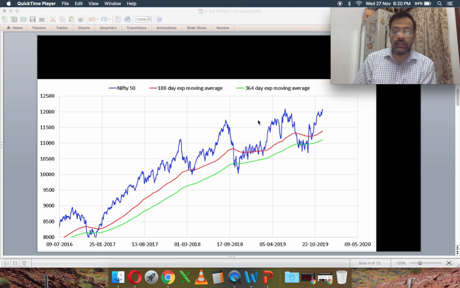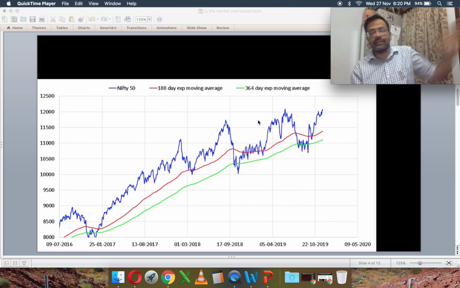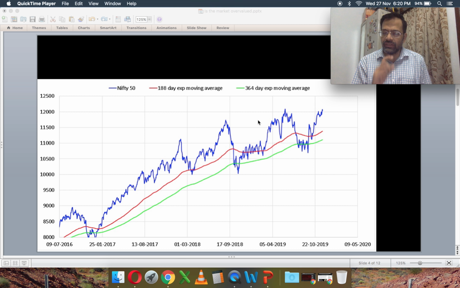So what you see here is the Nifty 50, which is the blue line, and the 6-month exponential moving average. The exponential moving average is a form of the daily moving average. In the daily moving average, you just take the last 6 months of daily prices and average them. The exponential moving average is a slight modification of that. It gives more weight to recent price movements than to past price movements.